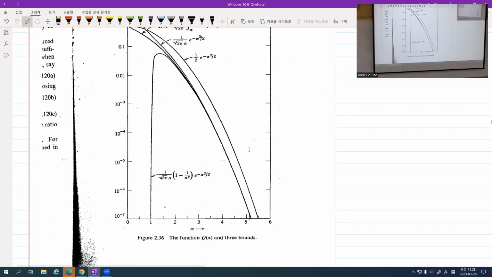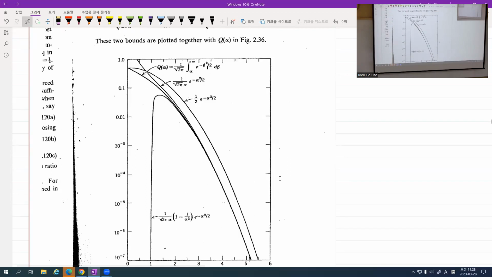And anyway, as Wozencraft and Jacobs wanted to show the inequality, so here goes Q of alpha. So this is the line. And then he showed one very loose upper bound that is very, very well known. And we will be seeing how to derive this upper bound. And this says it's not tight.